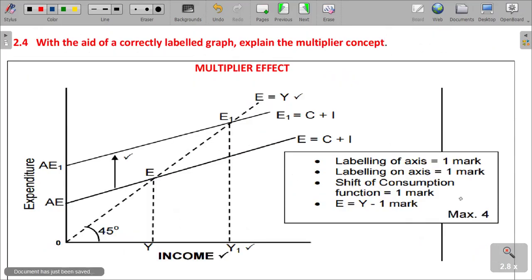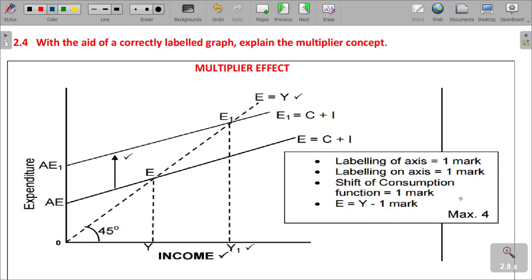So we have to use a labelled diagram, and therefore we have to explain the multiplier concept. An increase in spending results in a disproportionate increase in returns. The multiplier effect is just a concept saying an investment results in significantly higher returns than normal.